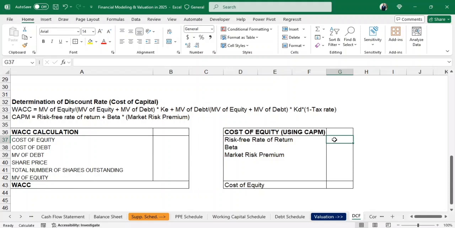Now, when I checked the risk-free rate on US Treasuries from the US Department of Treasury, I obtained 4.0.